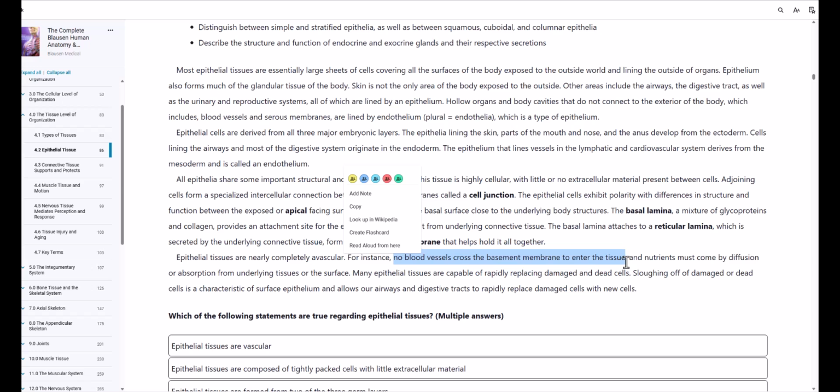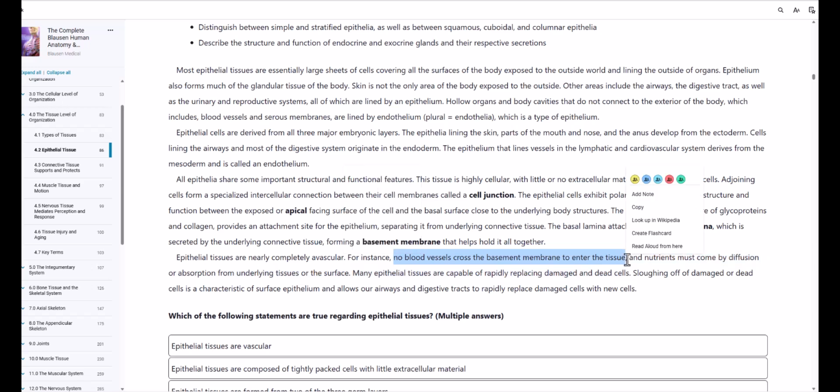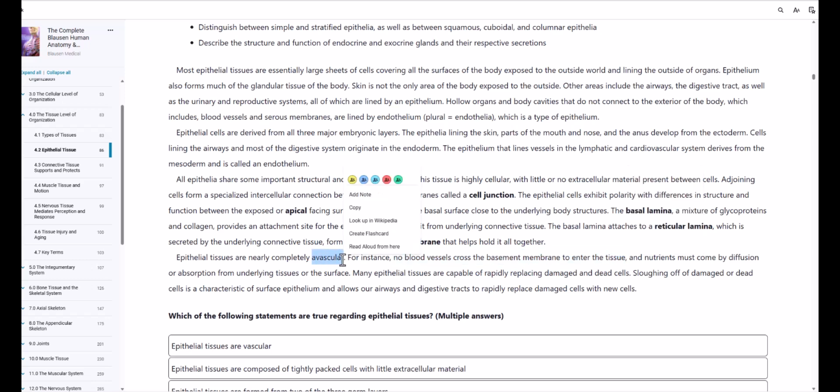When there are blood vessels coming all the way up to the surface of the skin, that is abnormal. Okay, so in normal anatomy, we can say quite convincingly that epithelial tissues are avascular. And you know from your vocab, avascular means without any blood vessels.